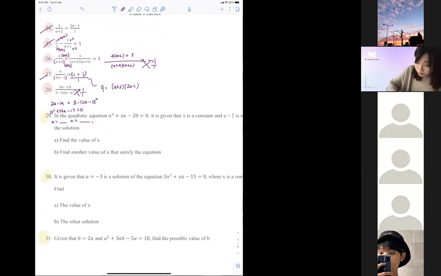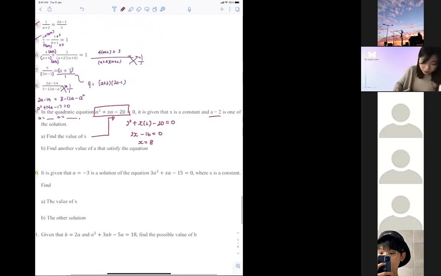Okay, so this one, same thing. Let me help you a bit. We sub A equals to 2 into here. So when A is 2, you have 2 squared plus 2x minus 20 equals to 0. Then 2x minus 16 equals to 0. X is equals to 8.